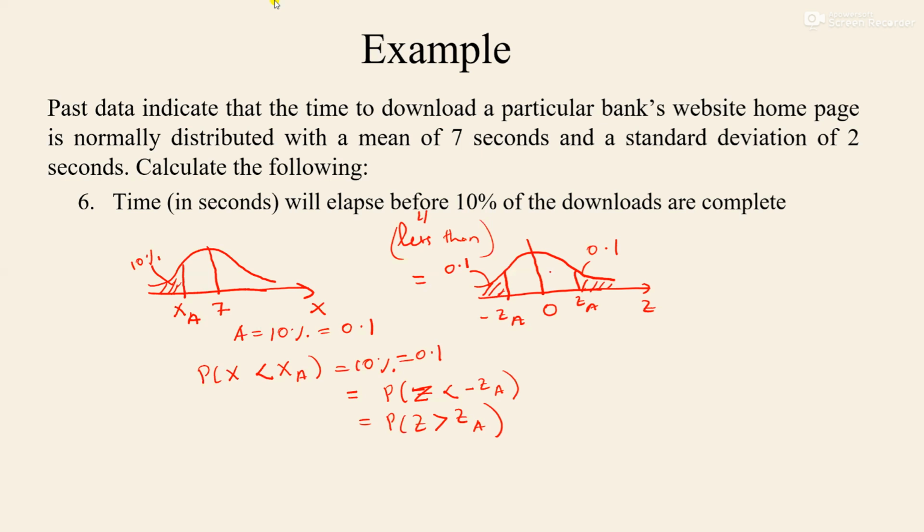But we know that this probability is 0.4 because half of the probability is 0.5.